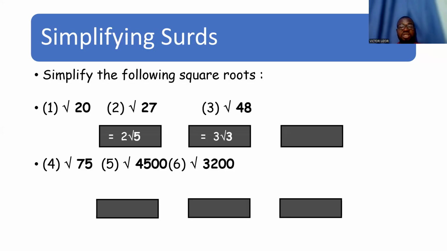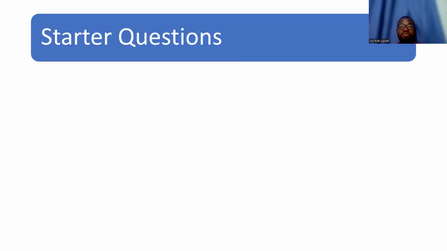The second one is 9 times 3, which gives you 27, and 48 is 16 times 3, 75 is 25 times 3, 45 is 9 times 5, and so on. Very easy to do.